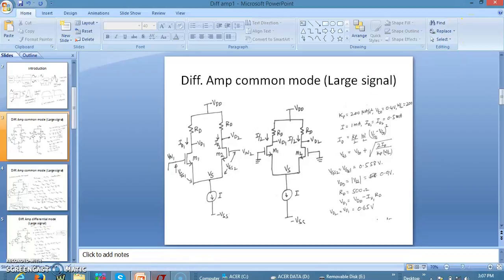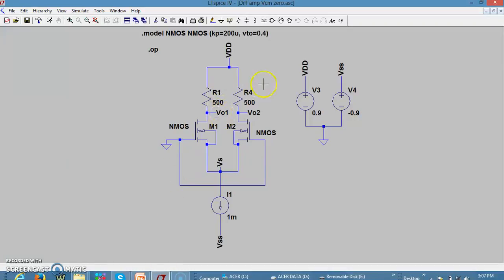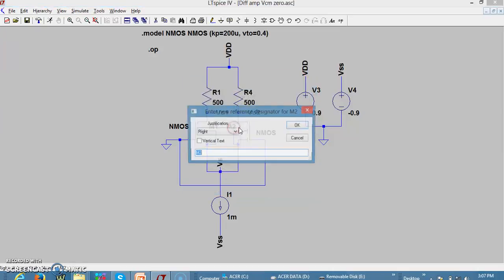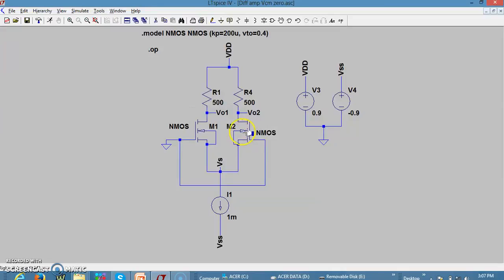So we shall have a look at the same thing over here. This is the Kp we have, and we are assuming a current of 1 milliampere as the tail current, and this W/L is 200 and the W/L of this is also 200.